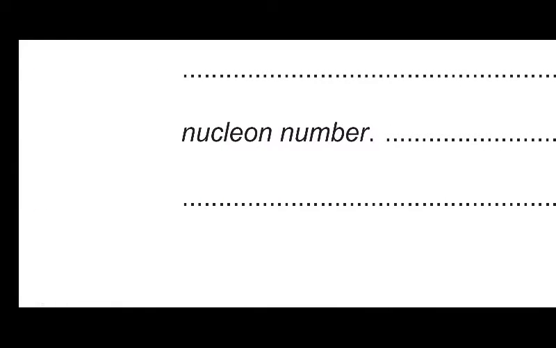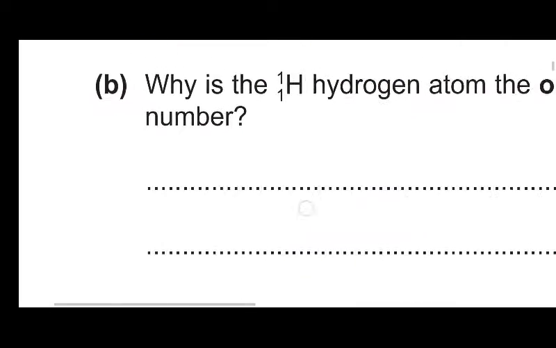Then it says define nucleon number. So nucleon number is the total number of protons and neutrons in the nucleus of an atom. As simple as that. So these definitions, they carry 3 marks in total. So nucleon number, the other name for that is atomic mass number.